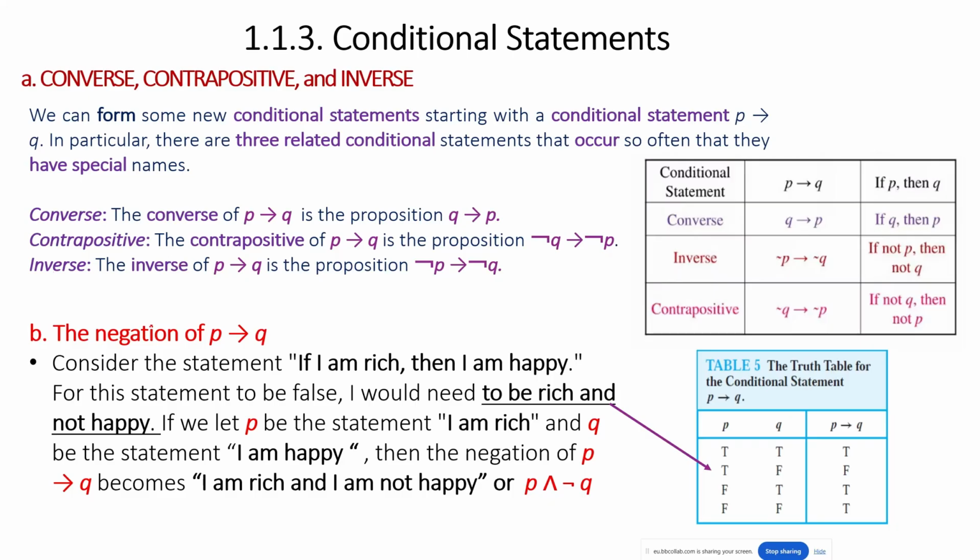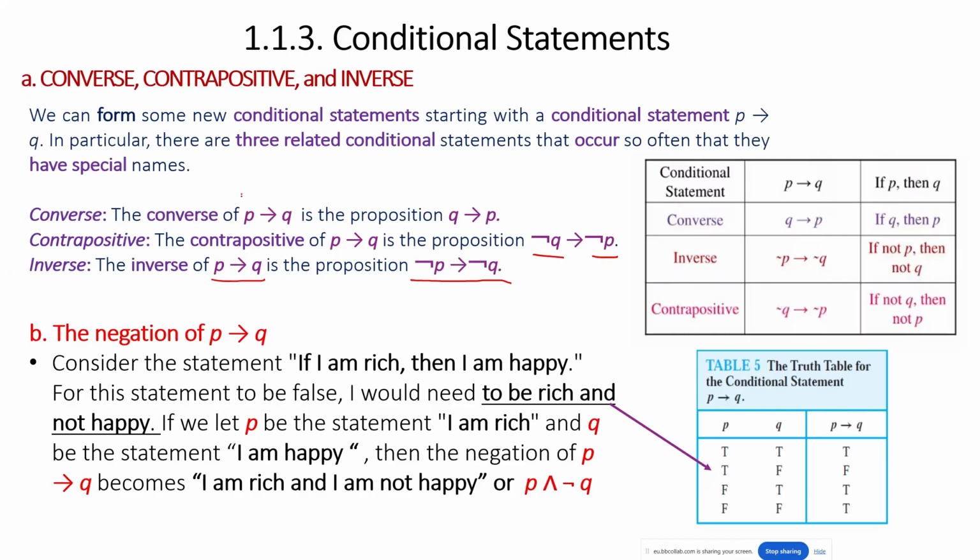The contrapositive of if P then Q is: if not Q, then not P. And the inverse of if P then Q is the proposition if not P, then not Q.